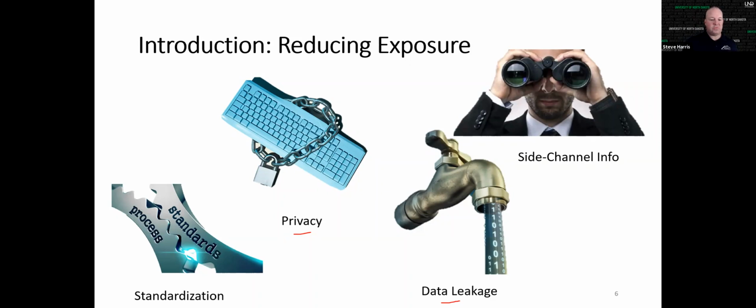These concerns pose risks for attacks, such as denial of service attacks, distributed denial of service attacks, compromised data, side channel information that can be used for jamming, spoofing, even zero-day attacks, as well as ransom or overprivileged attacks. So these are all areas that we want to look at to reduce exposure.